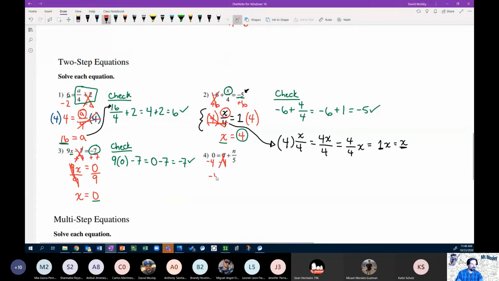We get negative 4 equals n divided by 5. We have to now do the opposite of dividing, which is multiply. And we multiply it by 5 on each side.